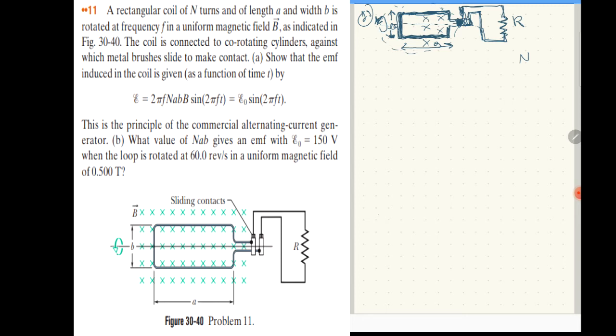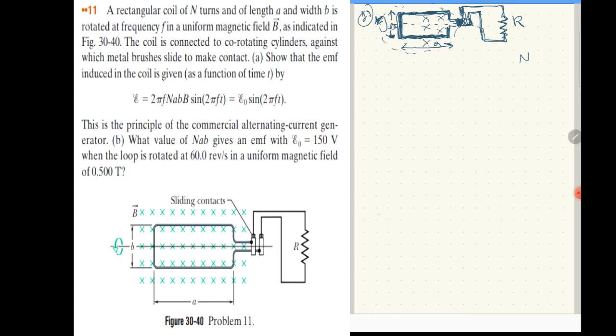Even if it's not clear, you have to look at the problem like this. So there are N coils, and this is the dimension of these rectangular coils. They all have the same dimensions.